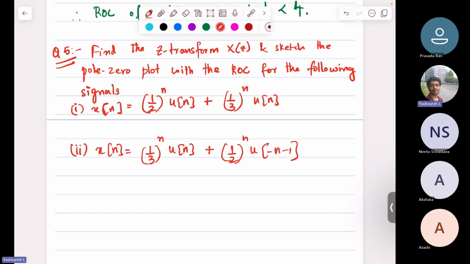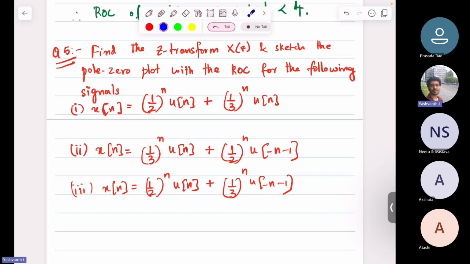Okay, let me first finish the question. The third is x of n equal to half power n into u of n plus 1 by 3 power n into u of minus n minus 1. So the first question is both are right-sided signals, so the result is also right-sided.